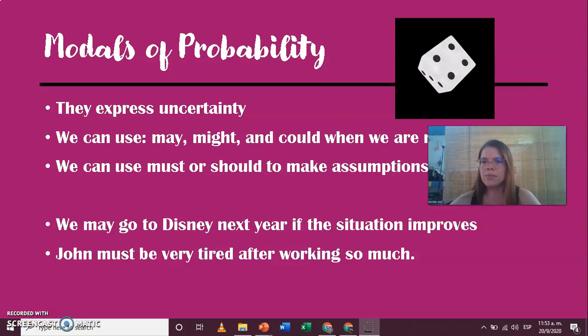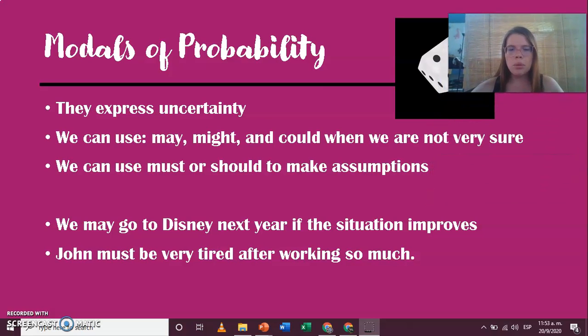Now we have modals of probability. Modals of probability help us express uncertainty or to make assumptions of certain situations. We can use may, might, and could when we are not very sure of something.